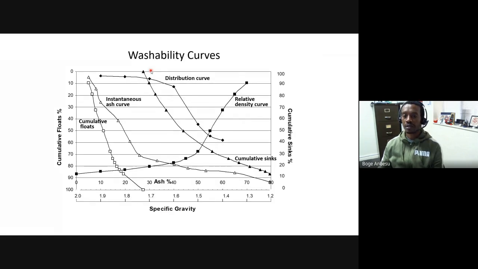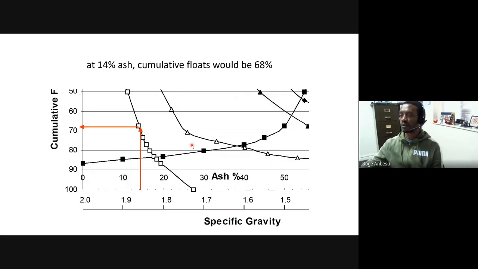So at the end of the day, what you'll find is washability curves that look like this one, where you can plot the cumulative floats curve, instantaneous ash curve, cumulative sink curve, distribution curve, and relative density curve. What do you find from this? For example, you want to say, if I'm targeting a product that has, say, a maximum of 14% ash, what is the recovery that I get at this ash amount?